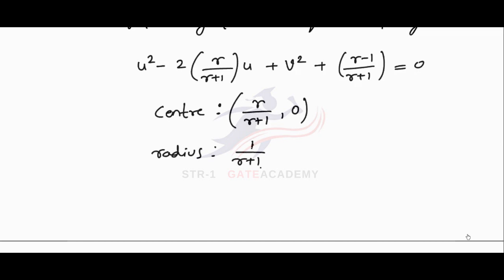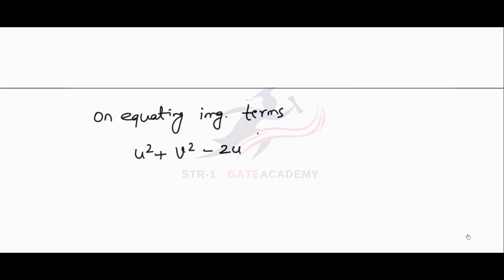Now on equating the imaginary terms, we get U square plus V square minus 2U minus 2 by X into V plus 1 equal to 0.